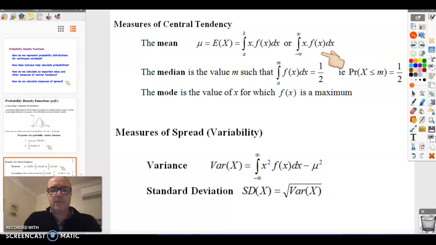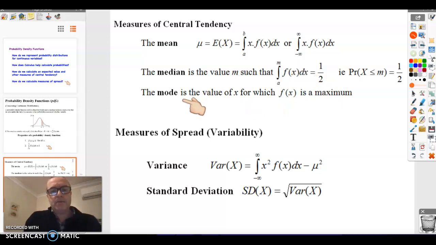We can calculate the median of a distribution by solving some value m, so that the area under the curve from the lower boundary to m is exactly 1/2. Alternatively, it might even be easier, depending on the function, to set up an equation where the area is from m, the median, to b, the upper boundary of the curve as well.